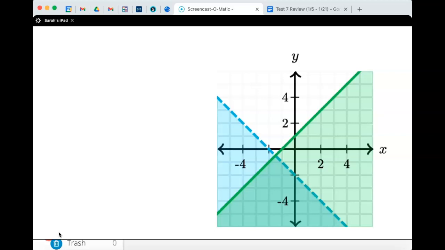Any ideas? Let's start with the blue. We know the y-intercept is -2.